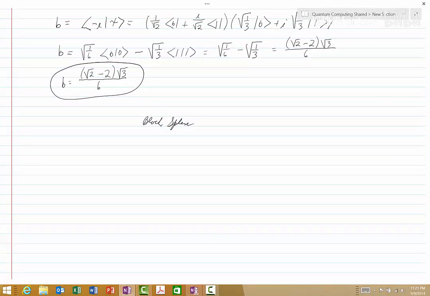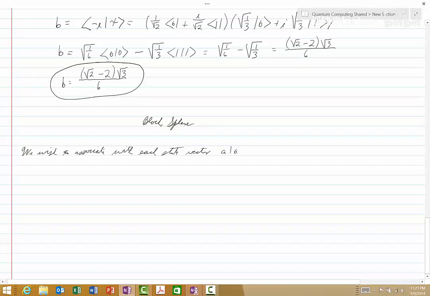And the idea here is that we wish to associate with each state vector A 0 plus B 1 some point on the unit sphere.